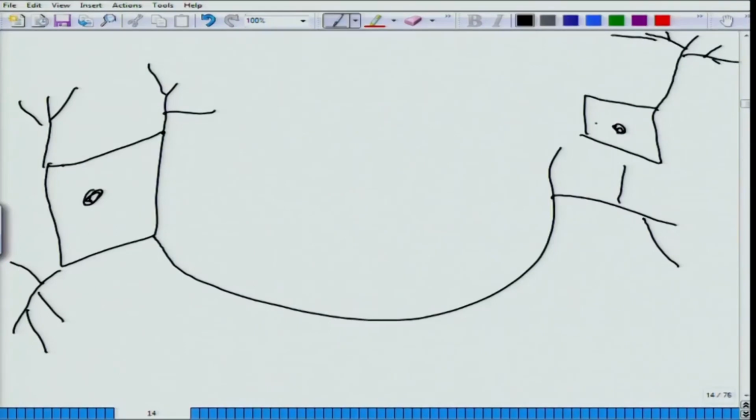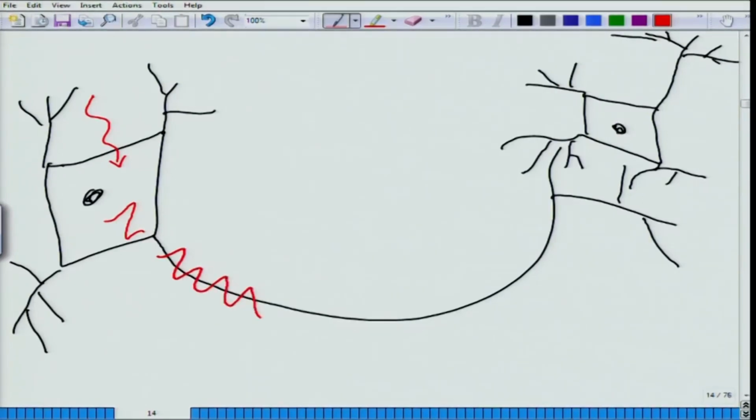So, for example, this is the second neuron, and these are the dendritic arbors. Here is a signal which is coming, and that leads to the generation of an action potential. This action potential travels all the way along this longer process. Now, this signal has to be transmitted to the next neuron.